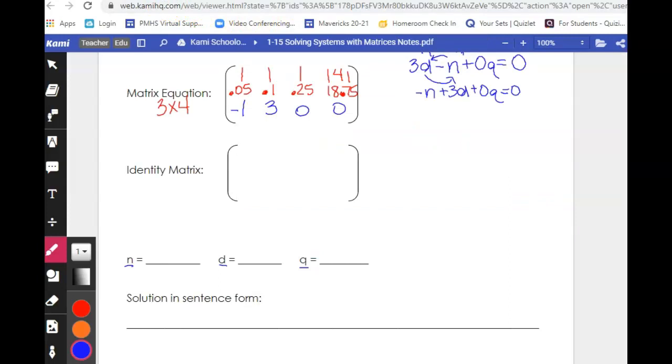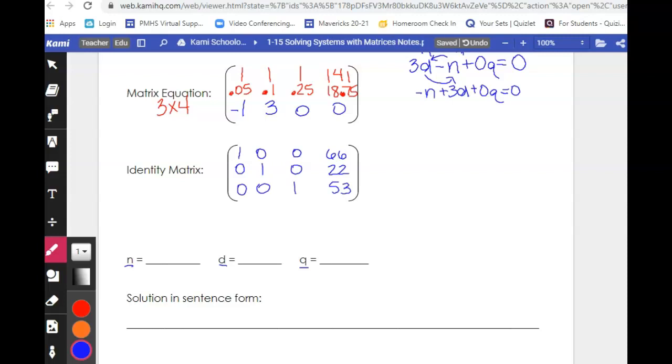My top row is 1, 0, 0, 66. My middle row is 0, 1, 0, 22. And now my bottom row is 0, 0, 1, 53.